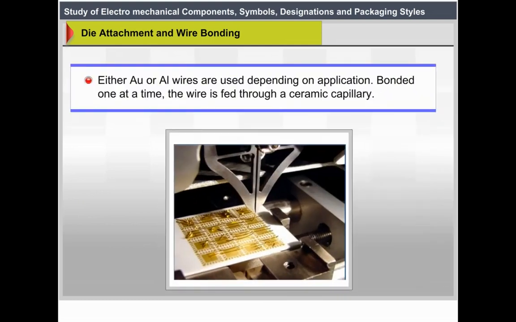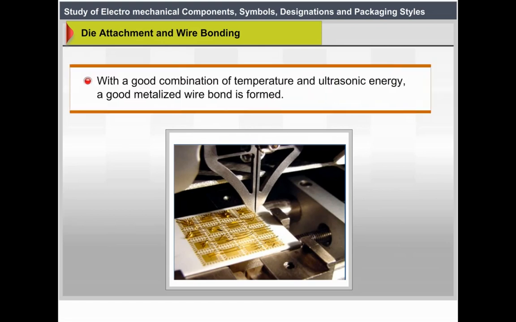Either gold or aluminum wires are used depending on the application. Bonded one at a time, the wire is fed through a ceramic capillary. With a good combination of temperature and ultrasonic energy, a good metallized wire bond is formed.